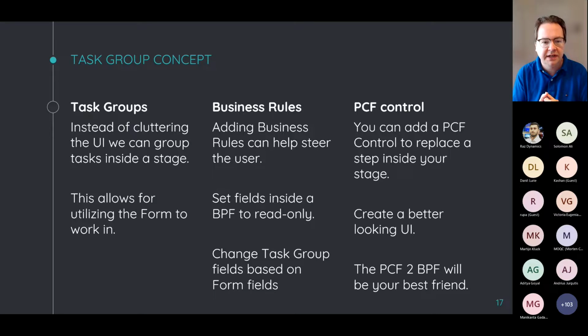Business rules help you steer the user in the right direction. So set the fields required based on the business process flow stage, set fields read-only from a conditional point of view, and update those fields, which is also really helpful.